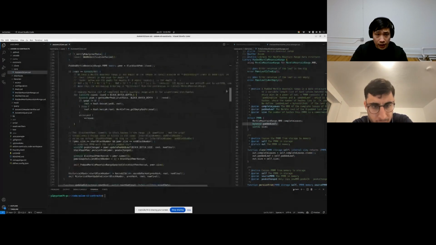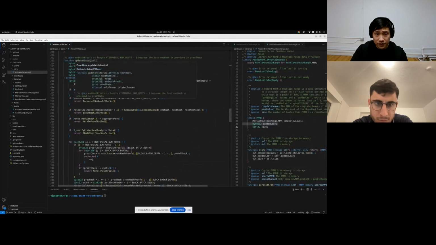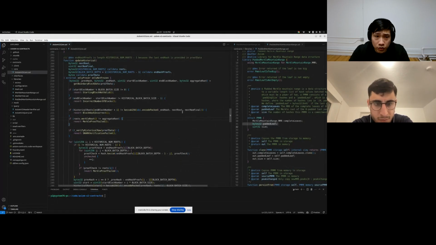Okay, so in the bootstrapping phase, what we do is we call update historical to move backwards. This function takes in a zero knowledge proof, which is in this proof data. First, we'll parse a bunch of information from the proof data. Whenever you use a zero knowledge proof on chain, there are some public inputs and outputs of the proof, which one has to read.